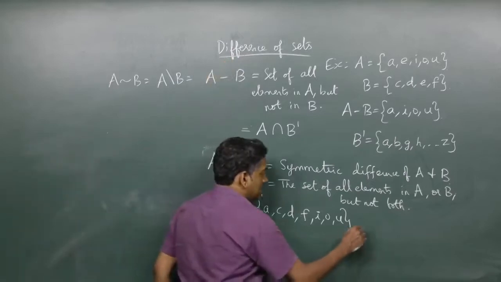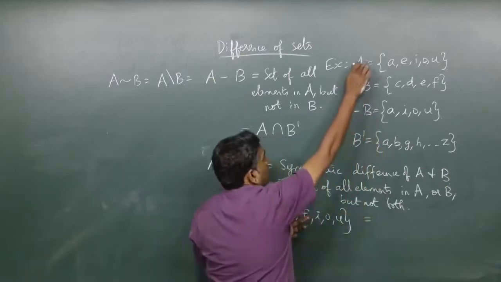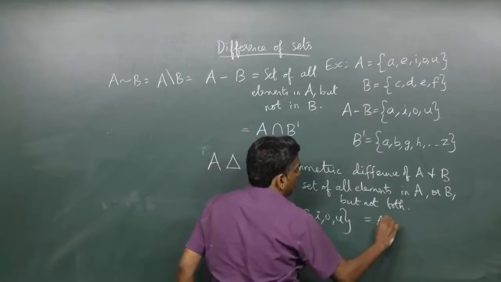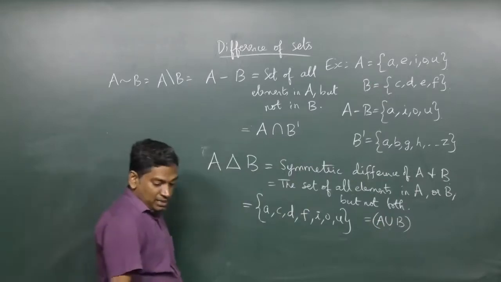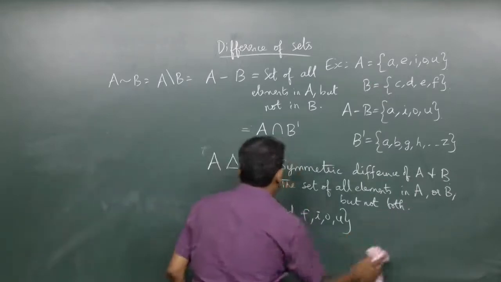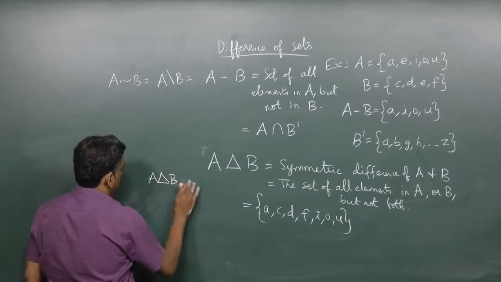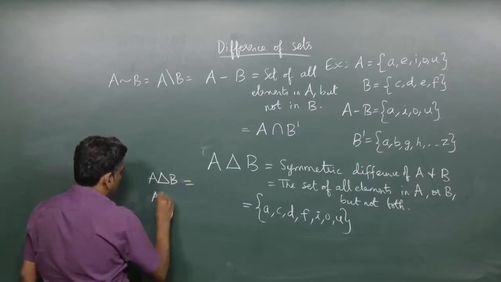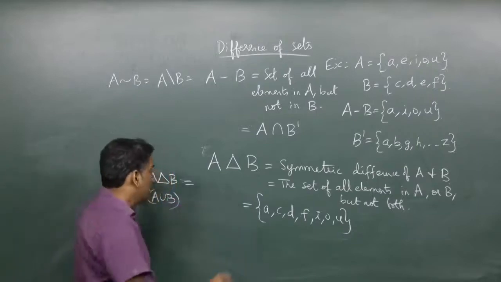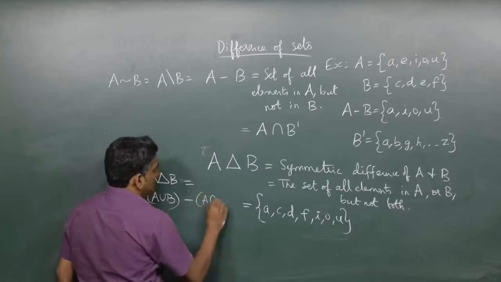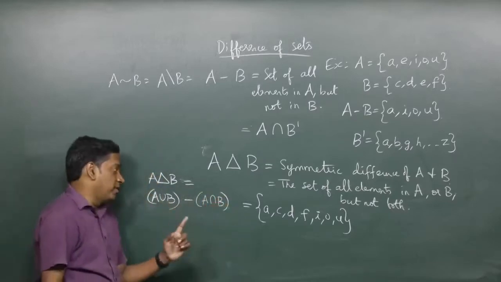One way to write this is, let's look at all the elements that are there in both, which will be A union B, and then A delta B is A union B, but then we have to remove certain elements. Which elements? You have to remove all the elements in A intersection B. This is one way of writing.